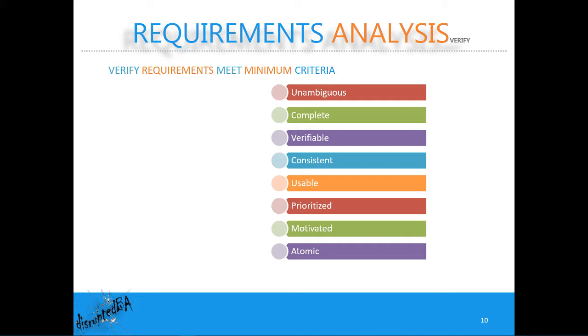You should be able to take a requirement and express it in a way that makes sense by itself. This does not mean that it doesn't rely on something else, but everything you need to deliver on this requirement must be self-contained in the statement. And then lastly, but very important, it must be understandable.